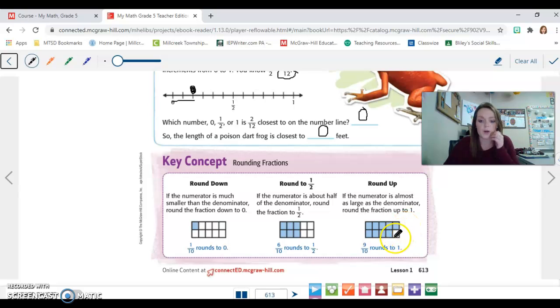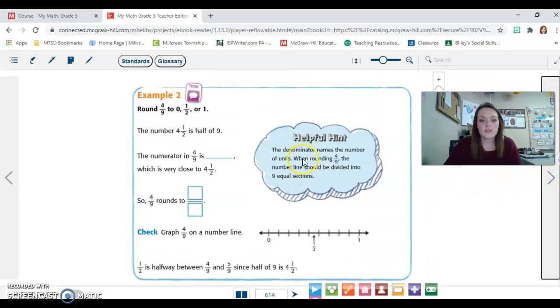Round the fraction up to 1. Okay, so if we have a really small number as our numerator compared to our denominator, round down. If we have numbers where the numerator is about half of the denominator, we're going to round to 1/2. And if we have a numerator and denominator that are about the same number, we're going to round up. That's also another way of looking at it instead of using the number line, but you do what works best for you.